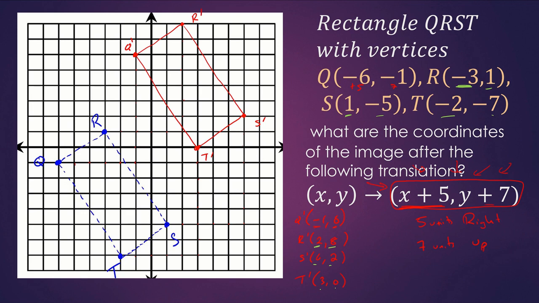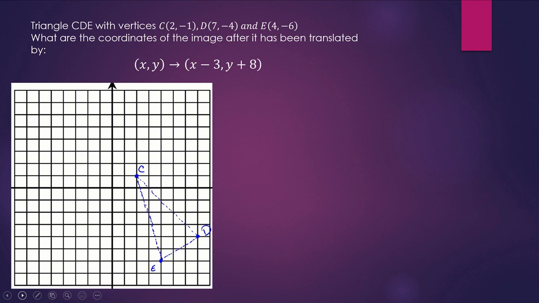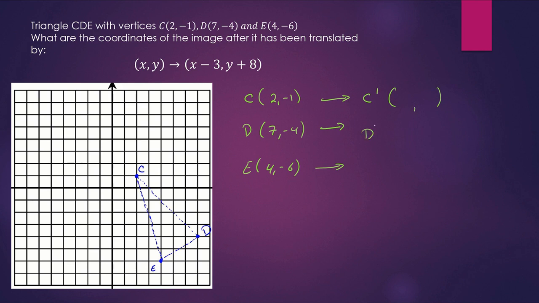And so essentially, we could do this without the graph. We can do this just knowing this and the original points, right? And so that's what I want to do for this problem right here. So I'm going to write out the original, the pre-image vertices, or the points of C, D, and E. And the transformation that I'm doing here, that's going to produce my C prime, D prime, and E prime, is this right here.